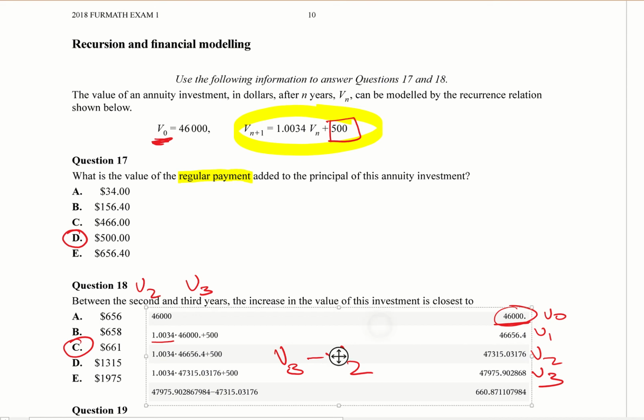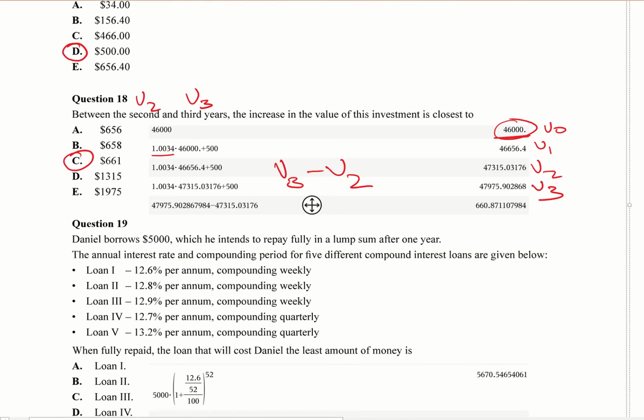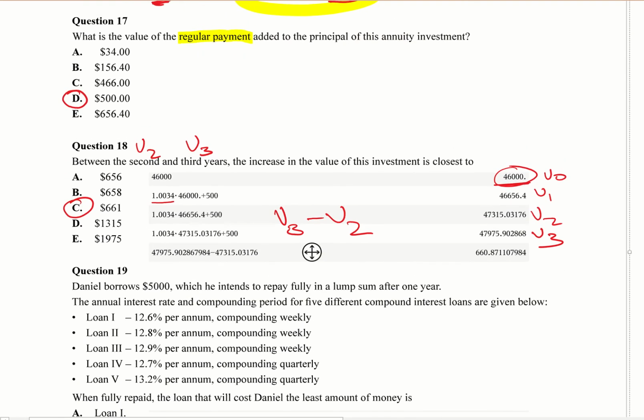All right, so when I go to the next question, what we're looking at here is Daniel borrows $5,000, which he intends to repay fully in a lump sum after 1 year. There's going to be an annual interest rate and a compounding period. We've got 5 different interest rates and two different compounding periods.